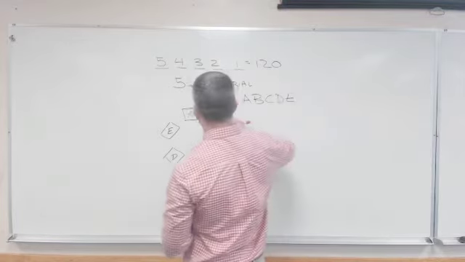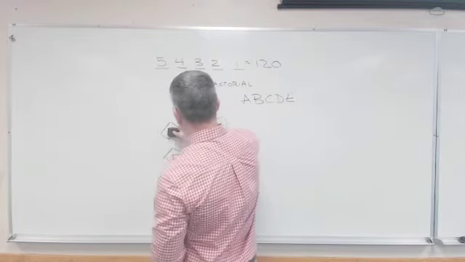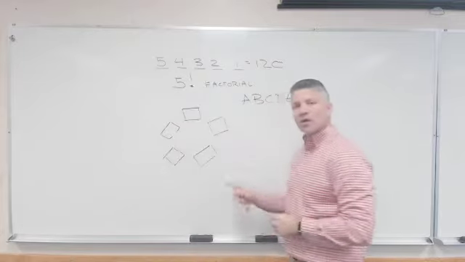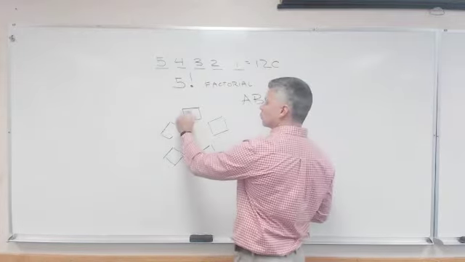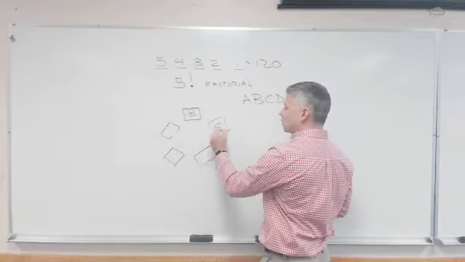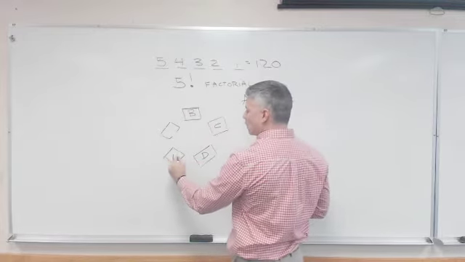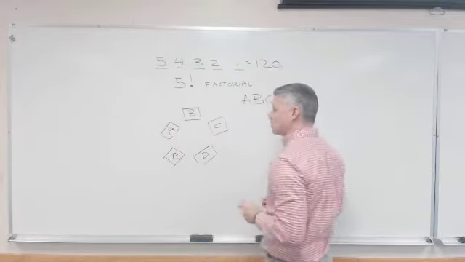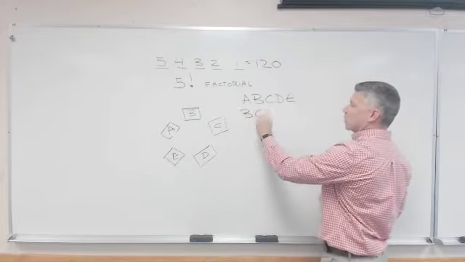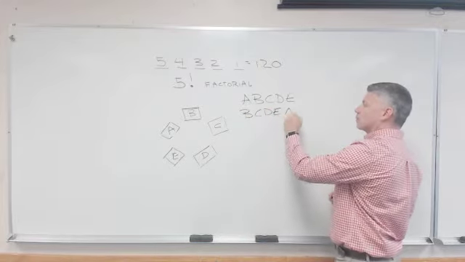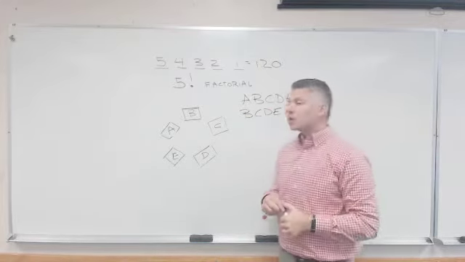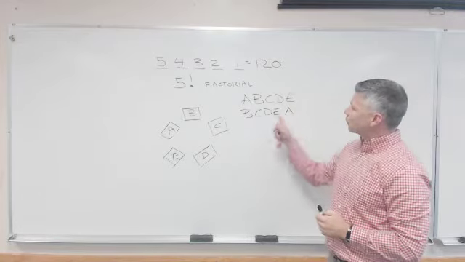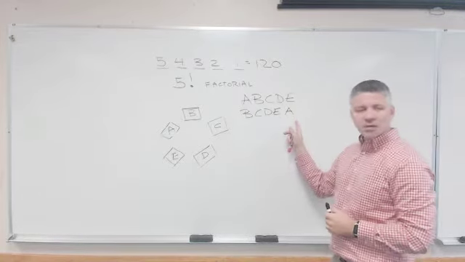Well, let's see. What if B sits down first, then C, then D, then E, and then A sits last? Writing that down, B, C, D, E, A. Now on the list, these look different. A's at the beginning here, A's at the end.